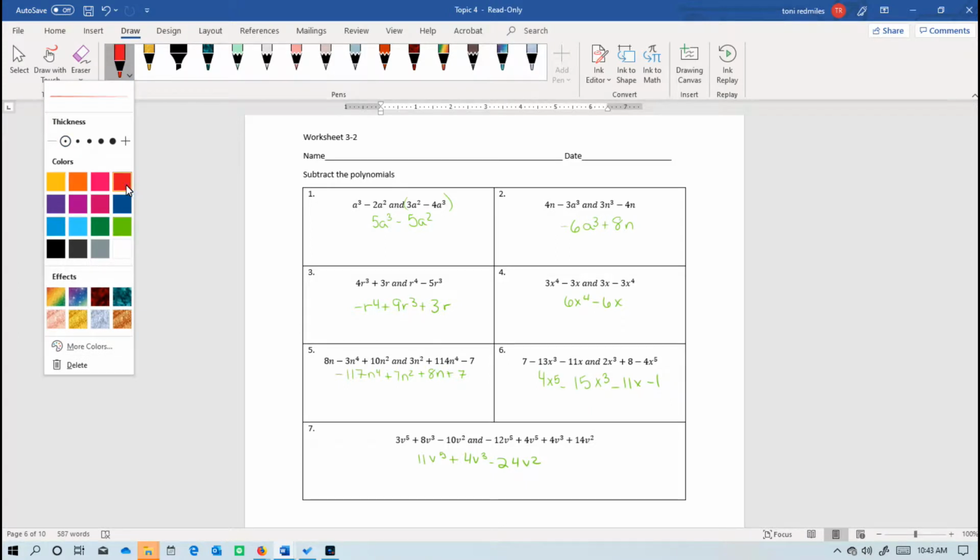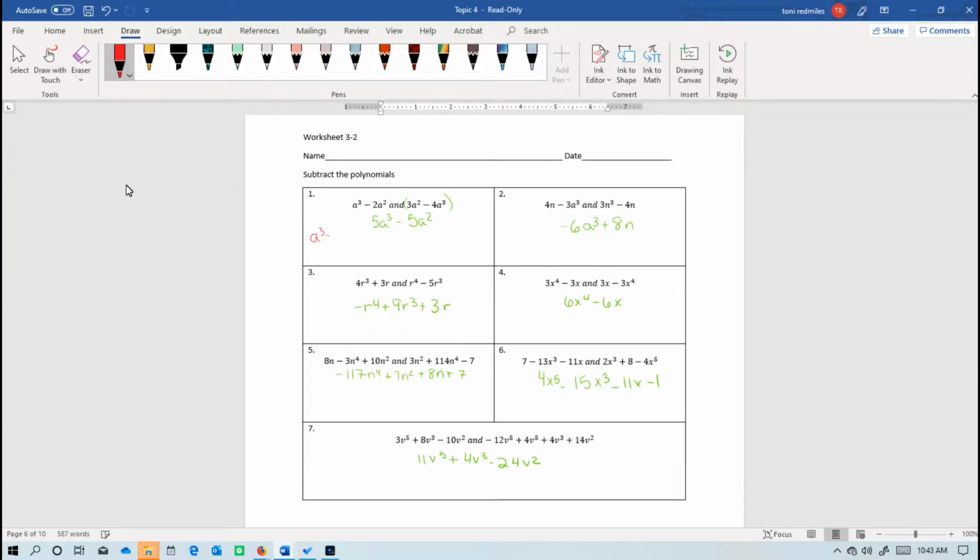There are two ways I can look at this. I usually show both in class, okay? So the first way is I could say subtract 3a squared, subtract negative 4a cubed. These two negatives, remember our rules of double signs.